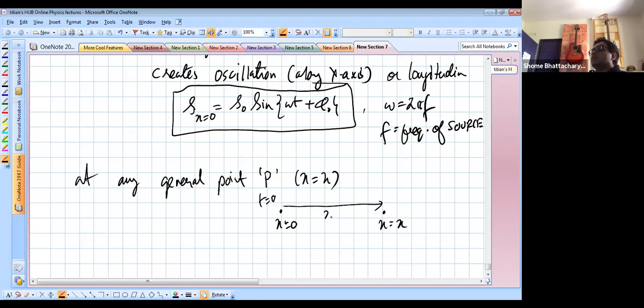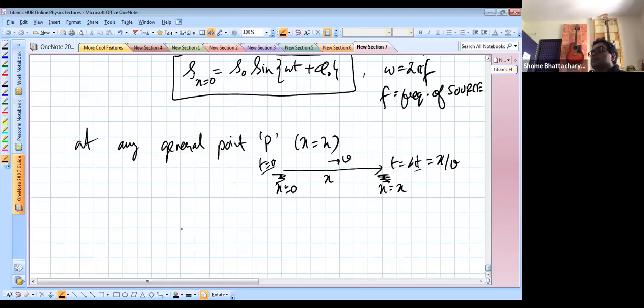It has to travel through a distance x with a speed v. So it reaches here at some time delta t, which is equal to x by v. So this set of particles also start vibrating with the same properties as this, but this started at t equal to 0 and this started after a delay of delta t.